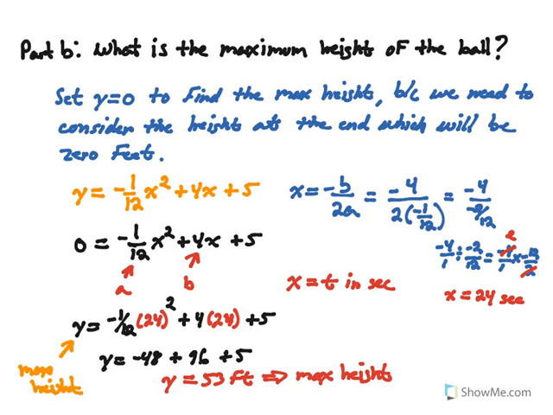So the x correlates to the time in seconds it takes for the ball to reach its maximum height. Plug that value back into the equation that's given, minus 1/12 x squared plus 4x plus 5, as I did at the bottom, and you'll get 53 feet, which yields its maximum height. So what is this problem saying? It's telling you that it's going to take 24 seconds to reach a maximum height of 53 feet.